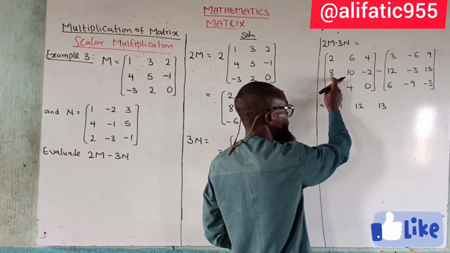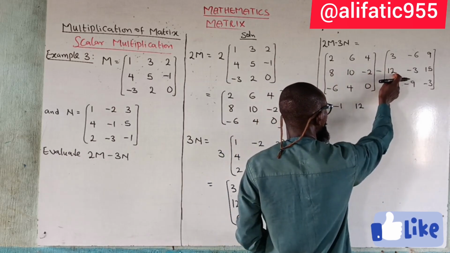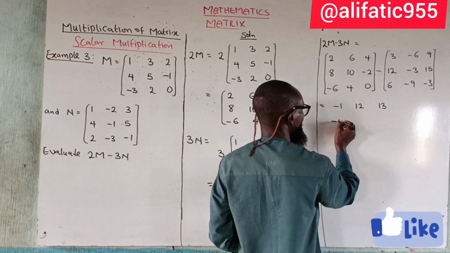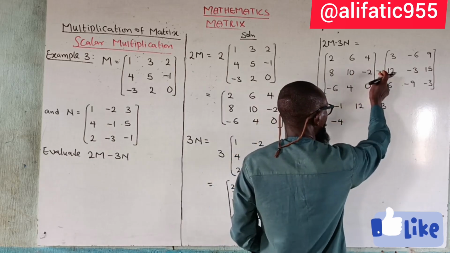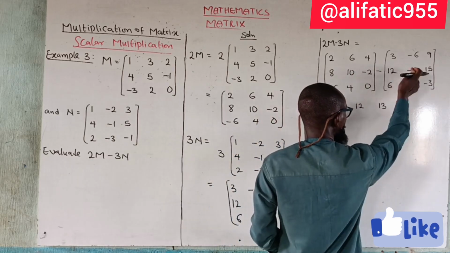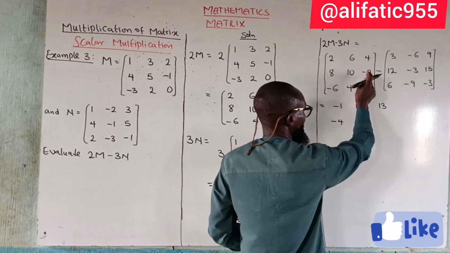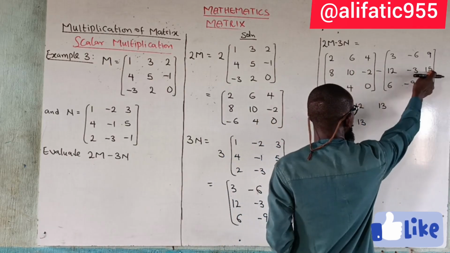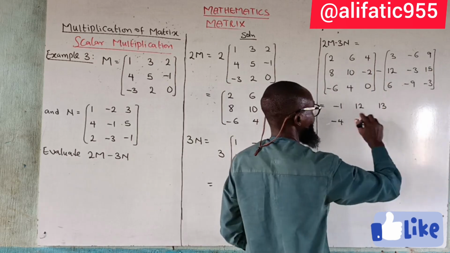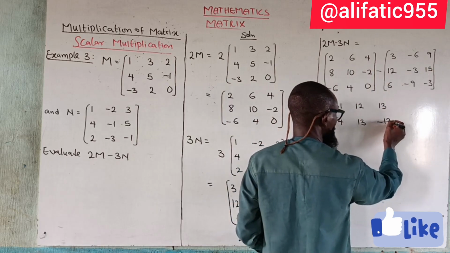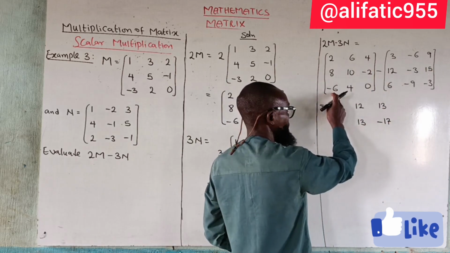Come on to the second row. 8 minus 12, that is minus 4. 4 minus minus 3. Minus times minus is plus 3. So 10 plus 3, 13. Minus 2 minus 15, that is minus 17. To the third row.